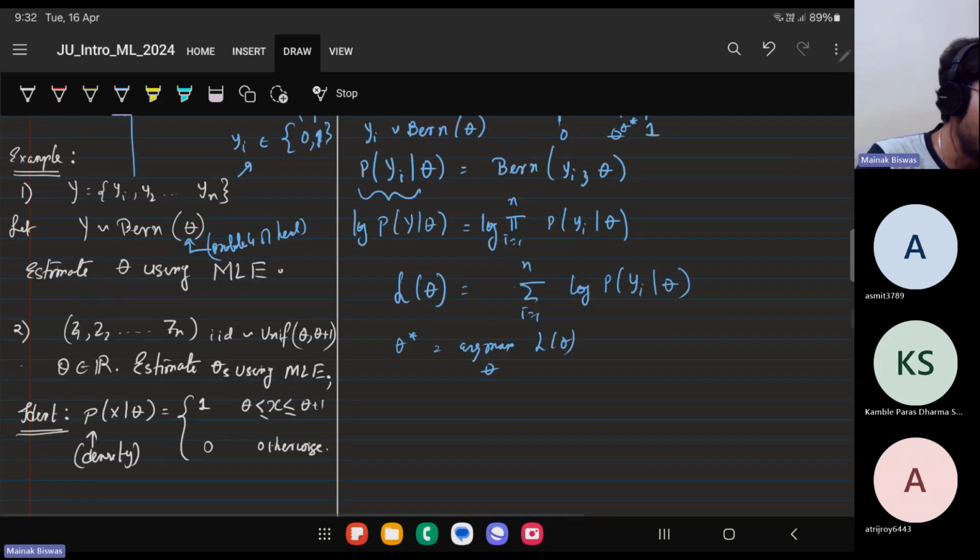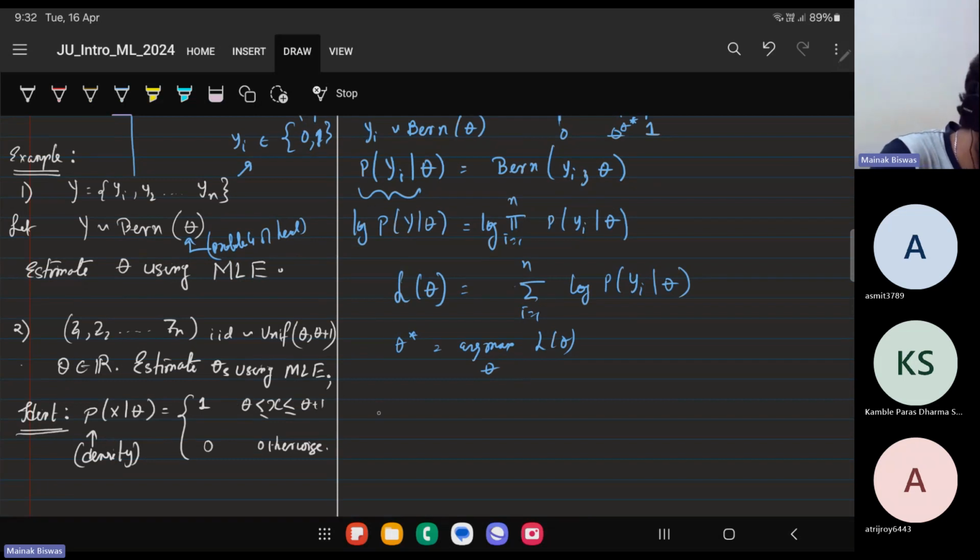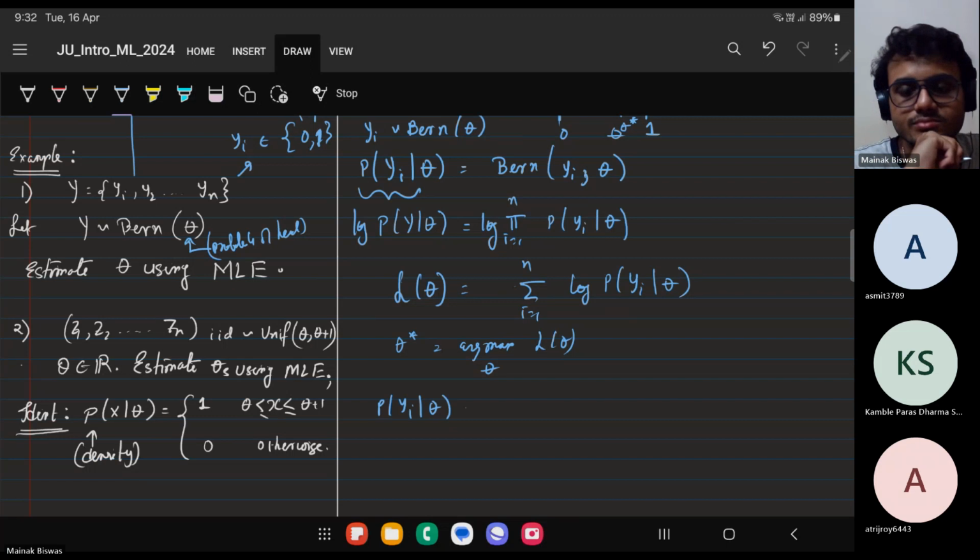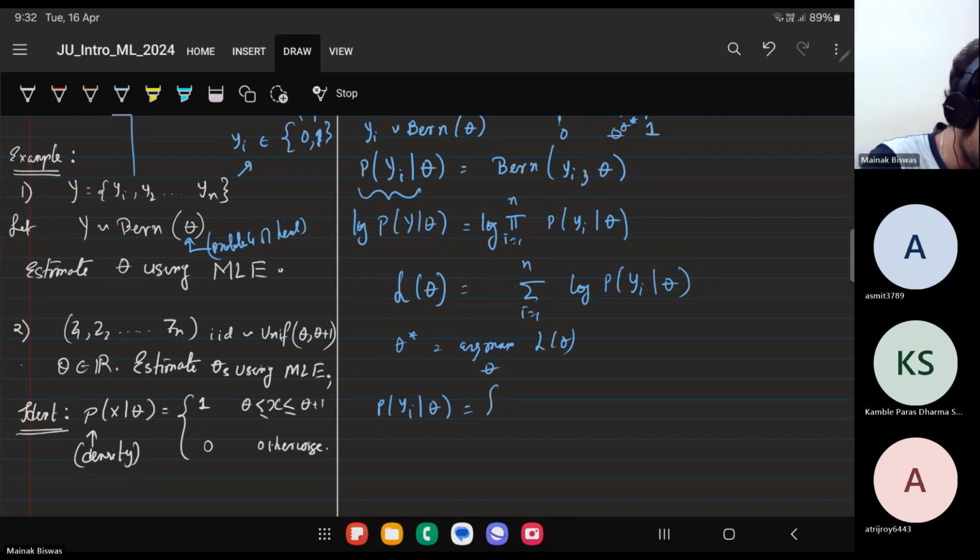Okay. How will I maximize it? First I will need to know what is P of yi given theta. What is it? So probability y equal to 1 given theta is what?